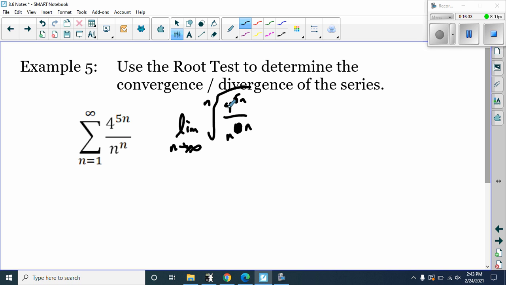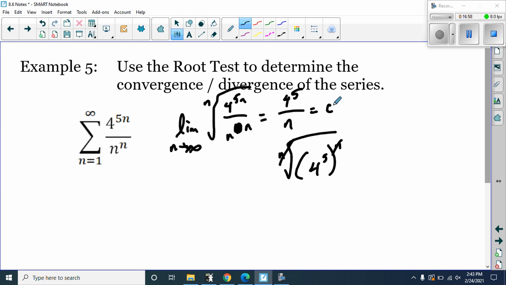The nth root of 4 to the 5n could be written as 4 to the 5th to the n, and then the nth root would cancel with the n here, so that's 4 to the 5th. The nth root of n to the n is just n. As n goes to infinity, I have 4 to the 5th divided by an infinitely big number, which goes to 0. This one also converges.